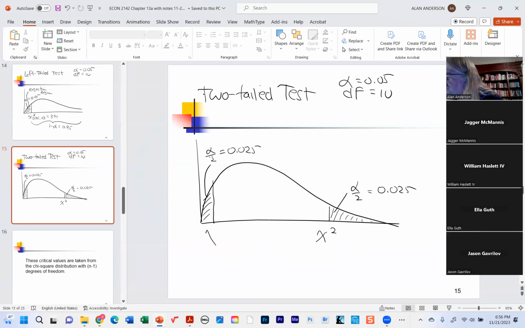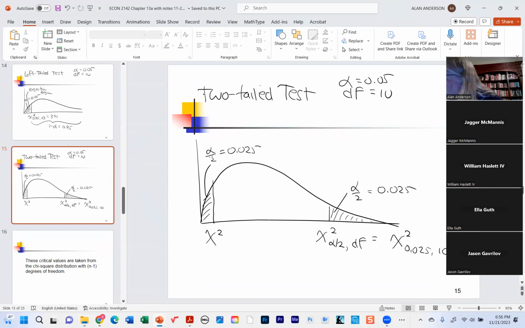How do we find these in the table, though? Well, for this one on the right, two and a half percent is in the right tail with 10 degrees of freedom. But what about this one?